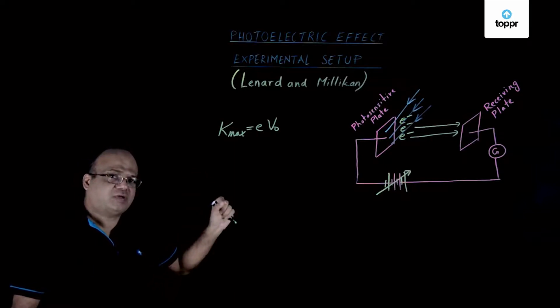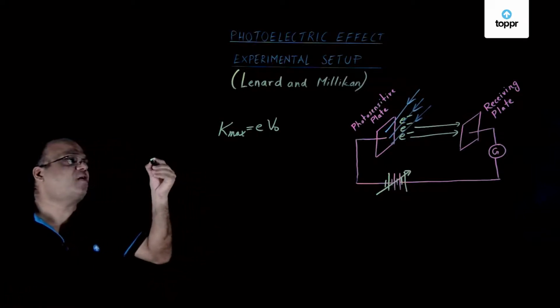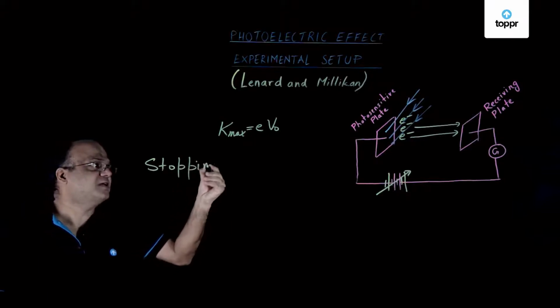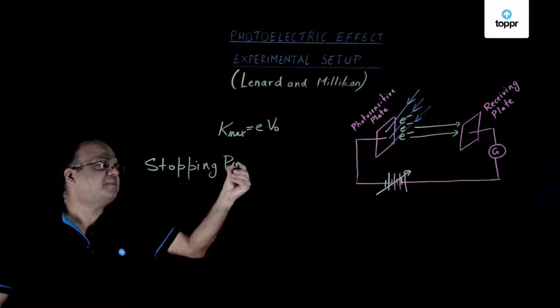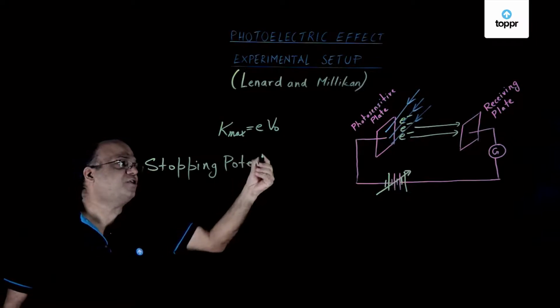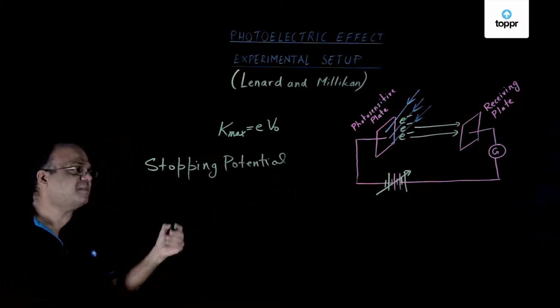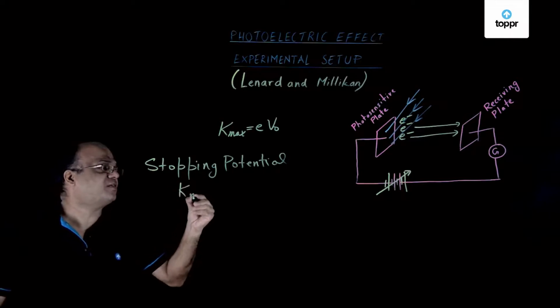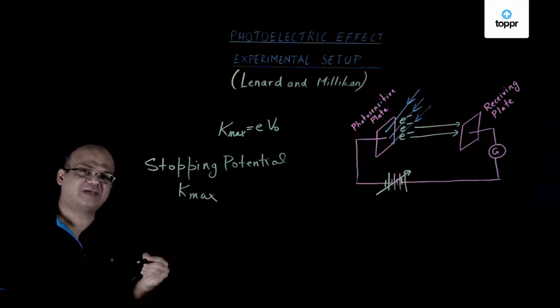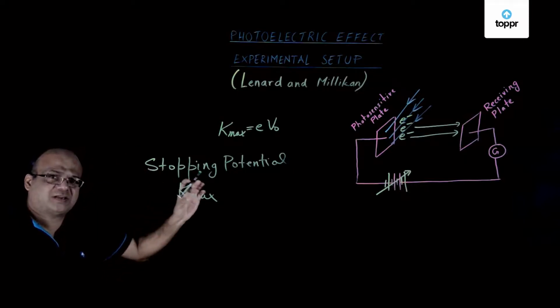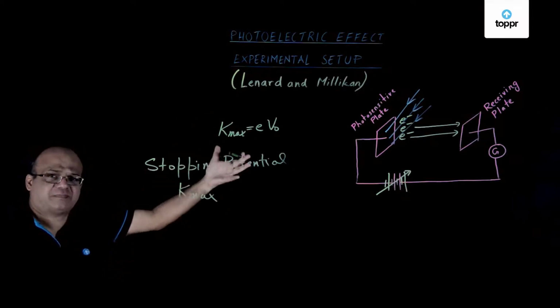There are two things. One is stopping potential. When you apply stopping potential, even the most energetic photoelectrons are stopped. So this is a measure of K max of photoelectrons. Saturation current is the maximum current you can get in a particular setup.